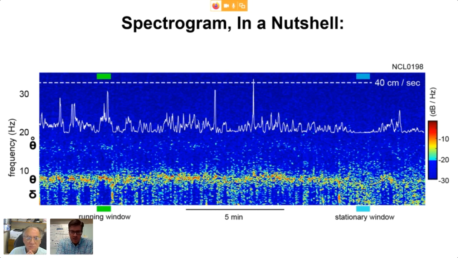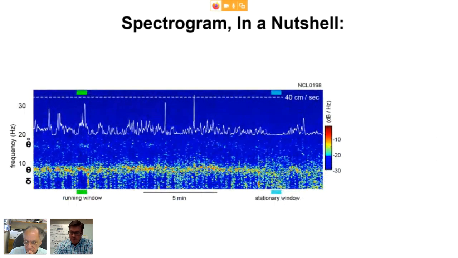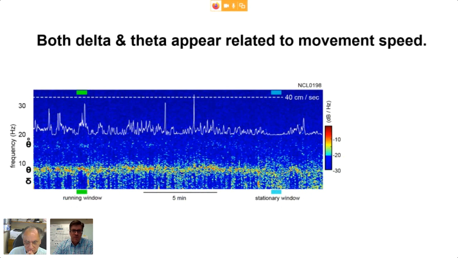And so this is not going to be on the time scale of fractions of a second, but rather 2 seconds in this case for each time window, which approaches how rapidly a rat can change his behavior, but is not necessarily perfect. So it's a good idea to do some of these analyses in multiple ways. So taking the longer time scale approach, we can see that both delta and theta appear to be related in some way to movement speed.